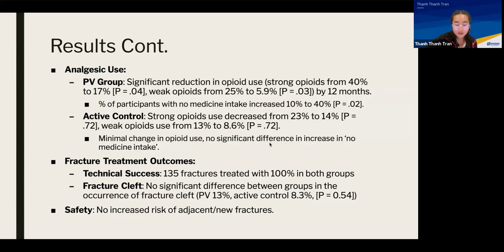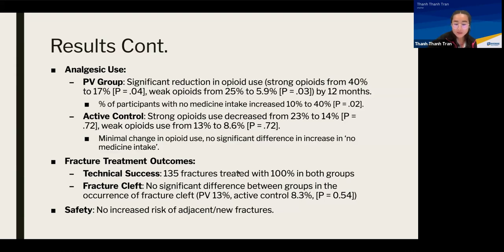Moving on to the fracture treatment outcome. In total, there were 135 fractures treated with 100% technical success in both groups. Just a recap, PV had 63 fractures and the active control had 72 fractures.